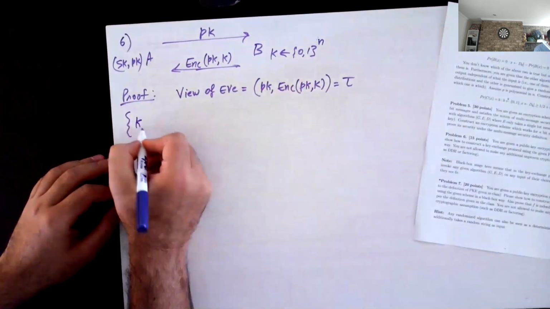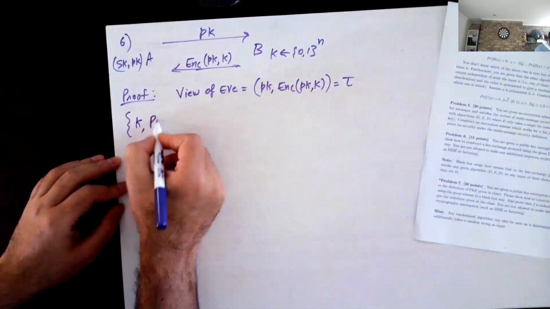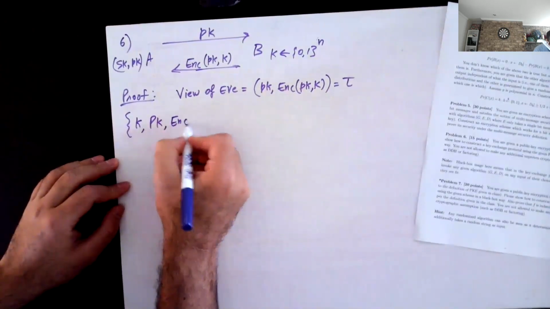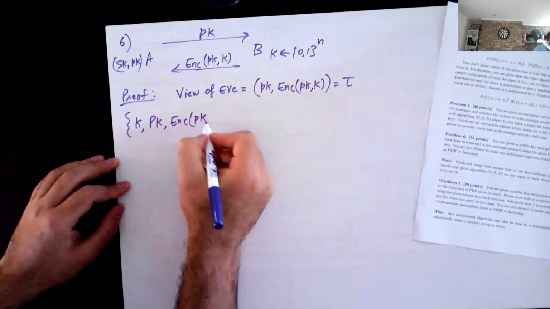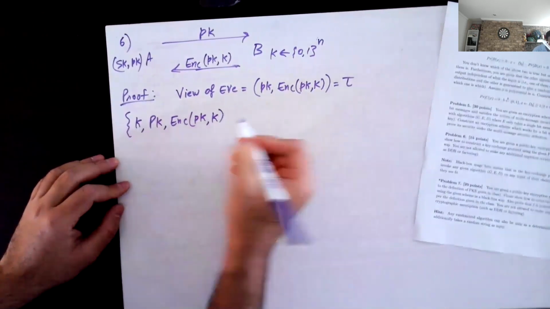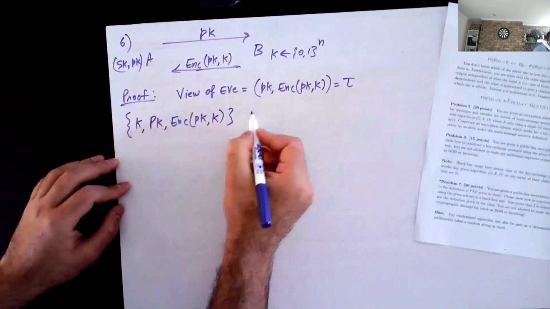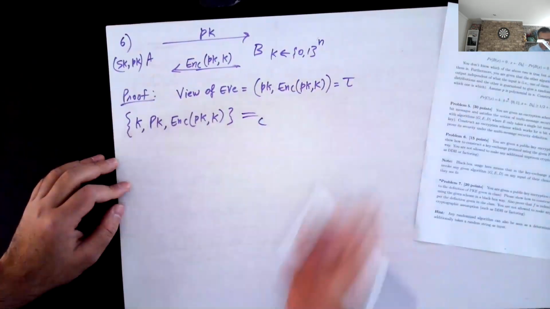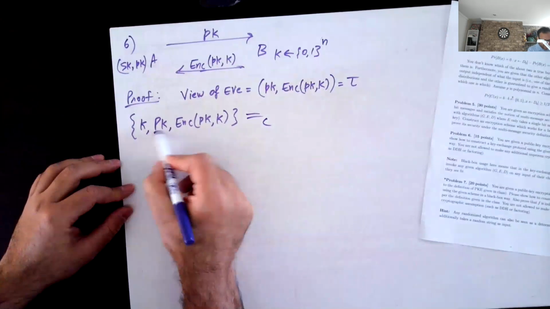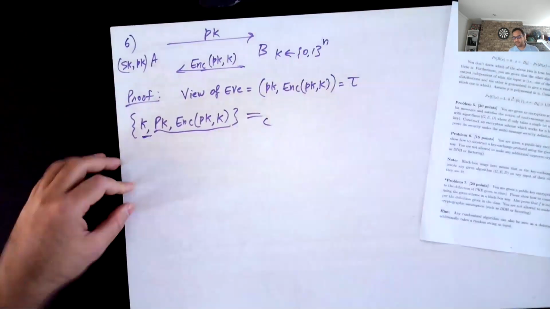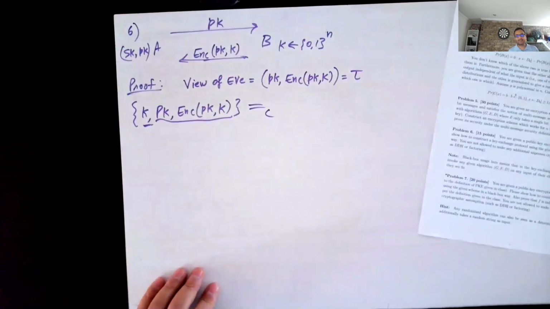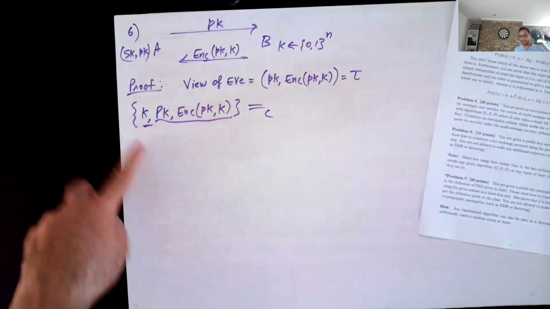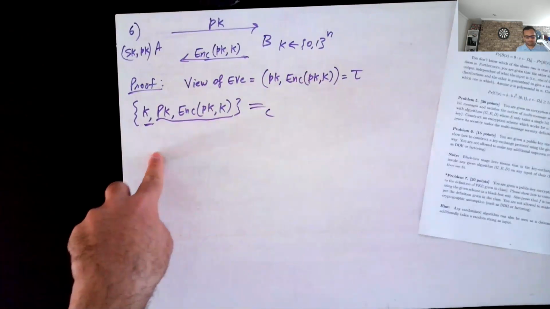What do we need to do? We need to prove that K and the transcript, this is our public key. We need to be able to replace the key with uniform. Okay.